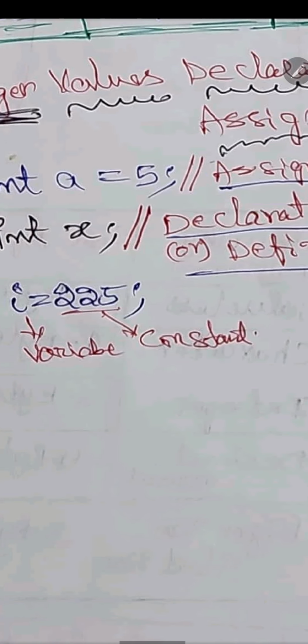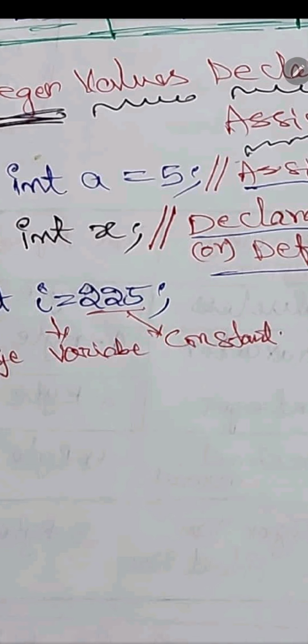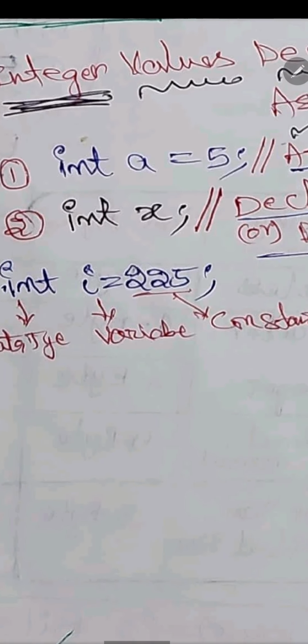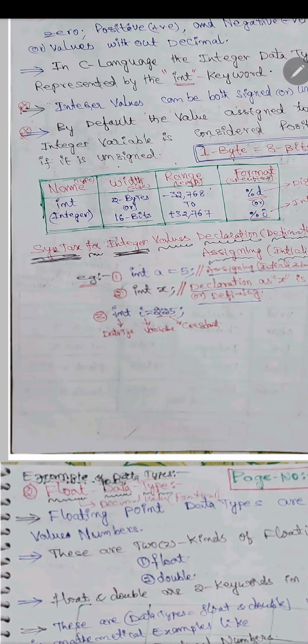Int a equal to 5: 5 is assigned as integer type to the variable a, that is assignment or initialization. Int i equal to 225: int is a data type, i is a variable, 225 is a constant.